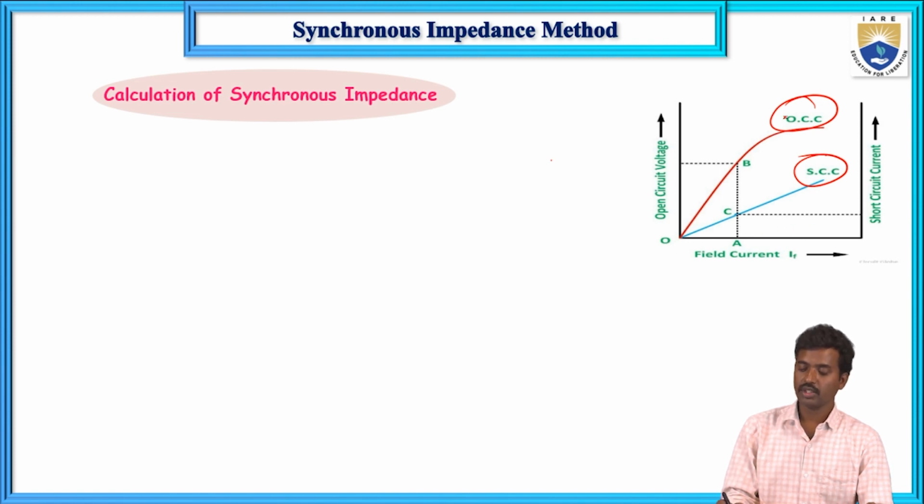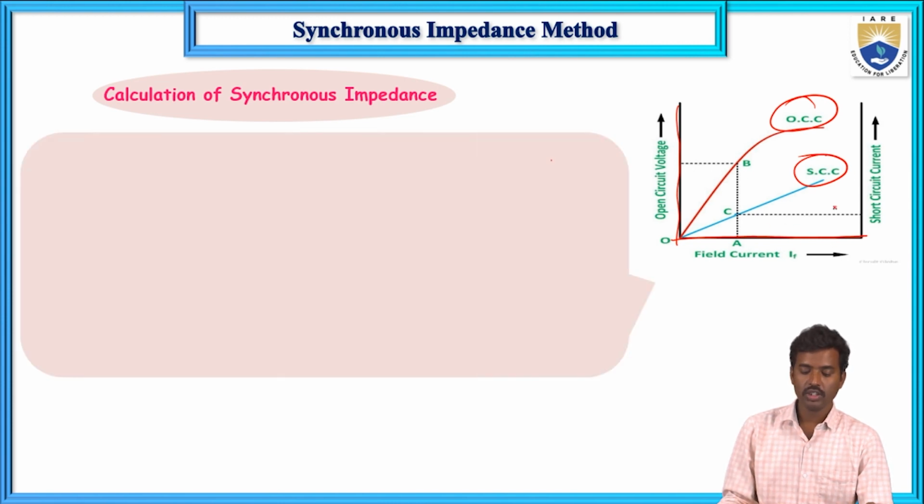First the open circuit characteristics are drawn from the open circuit voltage and field current, and the short circuit characteristics are drawn from the short circuit current and field current.